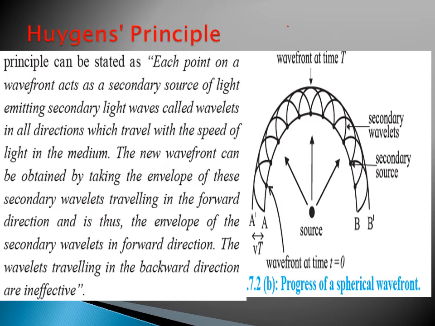When the wavelet travels along the forward direction, the angle theta is 0, then the amplitude is 1. When the wavelet travels in the backward direction, theta is 180 degrees. We know that cos 180 is minus 1. At that time the amplitude is 0. So the backward wavefront is rejected.